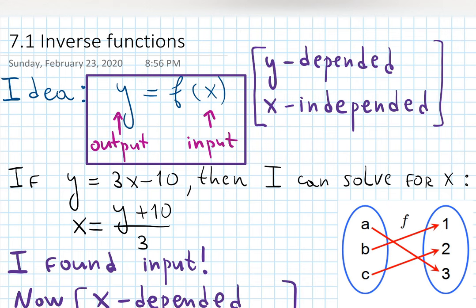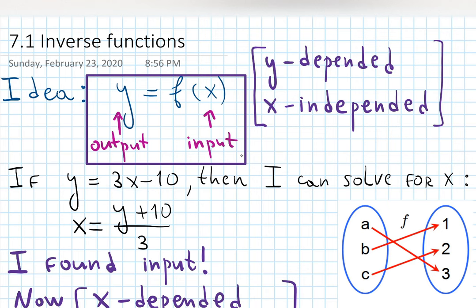The order should be preserved. That's the idea. So if the function told me to take my input, multiply by 3 and then subtract 10, then the inverse function says add 10 and then divide by 3. Kind of a cool idea here. We're reversing the process.